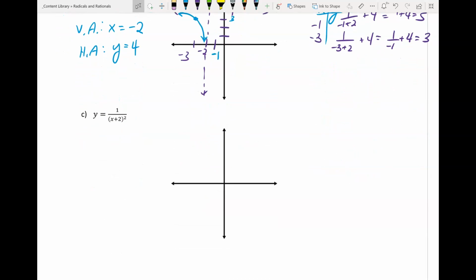Here's our next graph. So this one, we want to be careful. We have something squared in the denominator, and it's x plus 2. So here we will have a vertical asymptote at x equals -2, because if I have -2 plus 2, I'll get 0 in the denominator.